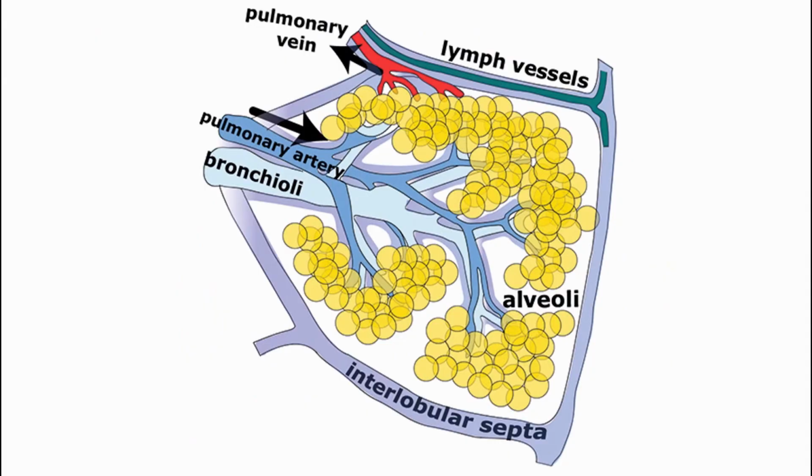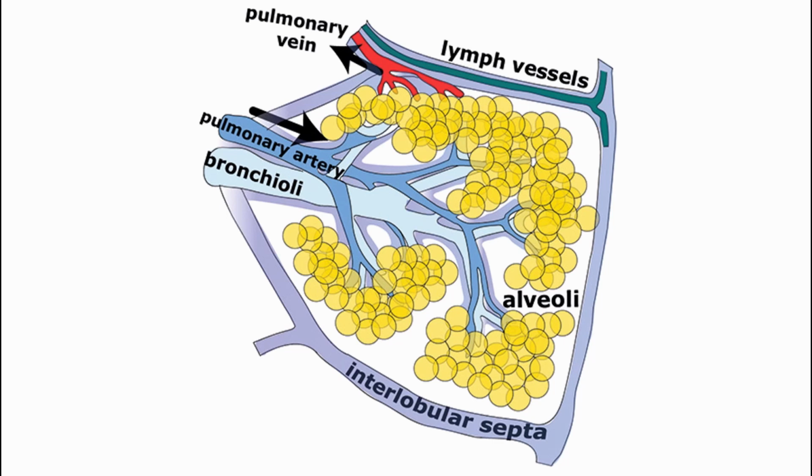This is a diagram of a pulmonary segment where you can see that there is a bronchiole getting in, and this bronchiole is dividing into more smaller bronchioles, and then the starting of presence of alveoli.